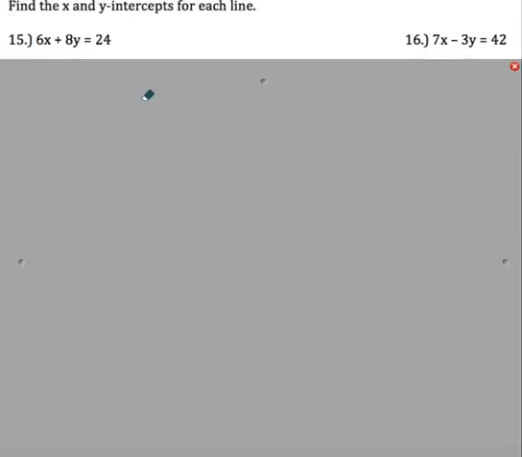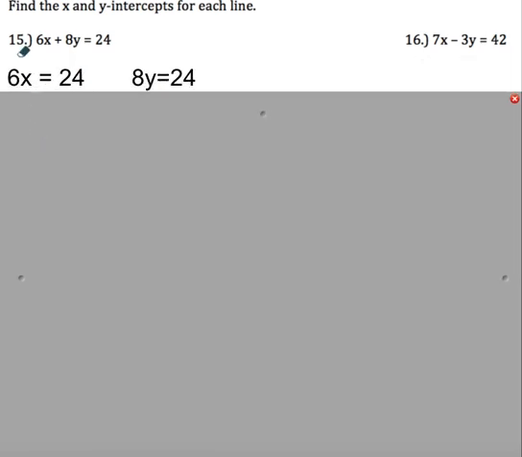So in the first equation, 6x plus 8y equals 24. If I want to find the x-intercept, I could plug in 0 for y. With that, 8 times 0 is 0, and we would be left with 6x equals 24.